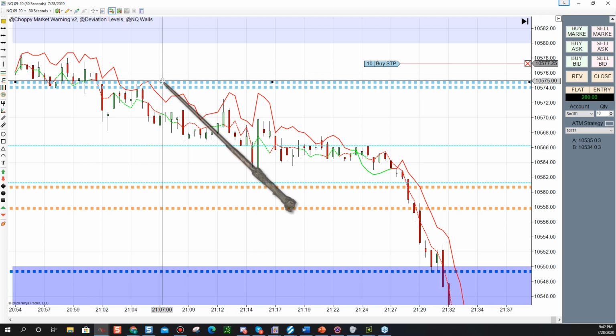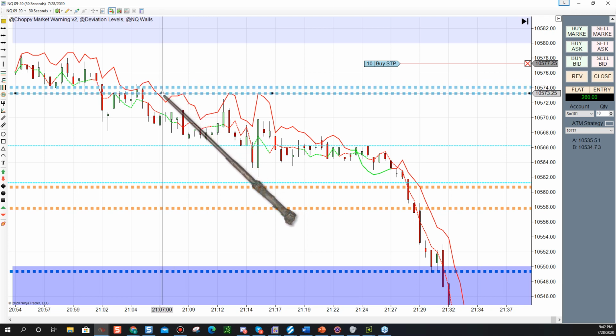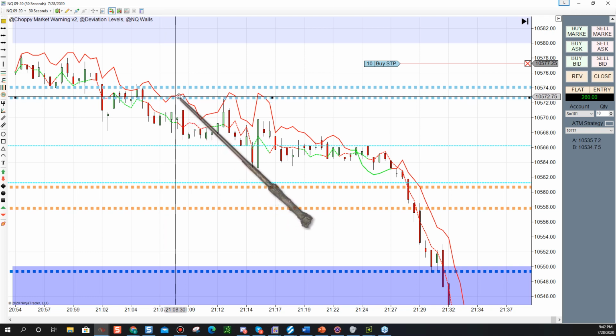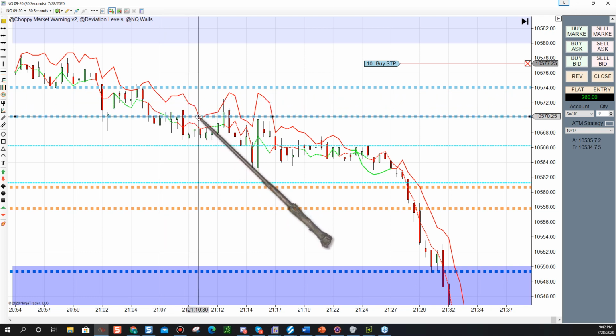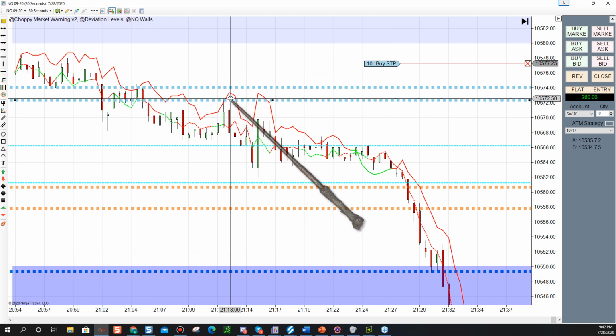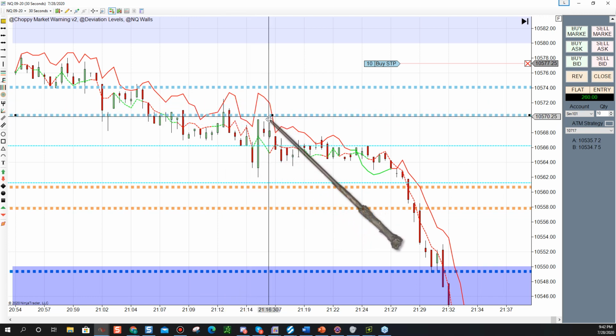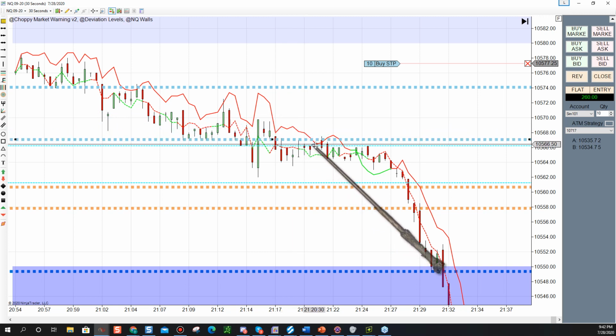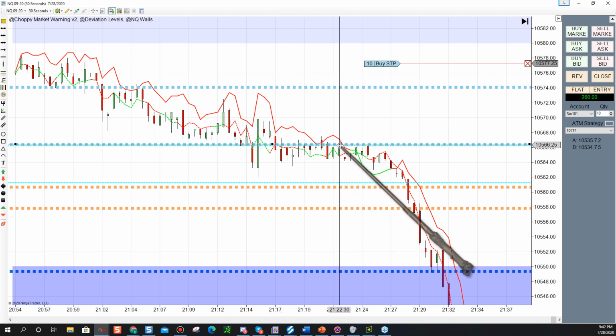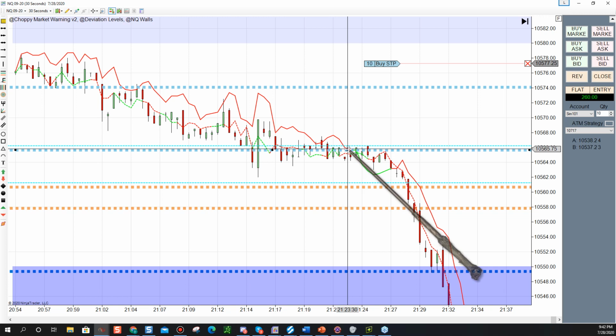So this line represents where I'll close if it closes above it. So right here, if it closes above the level, then I'll get out of the trade.